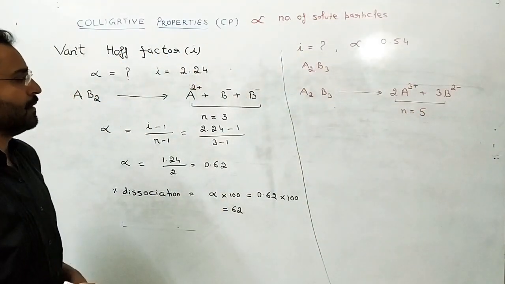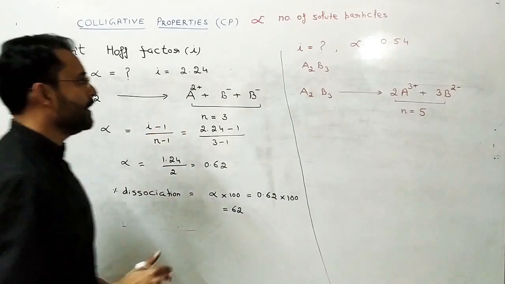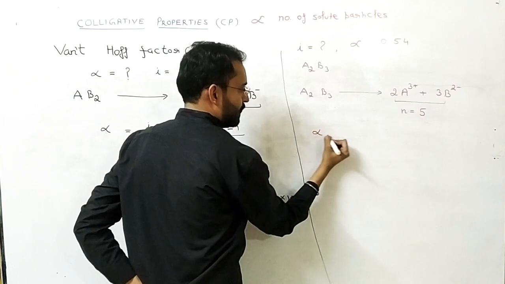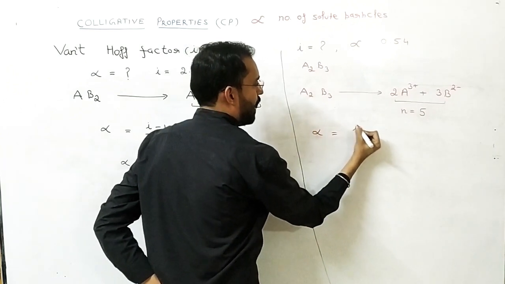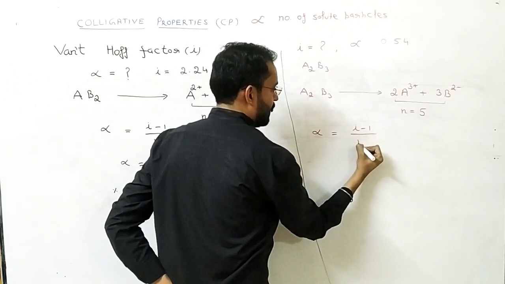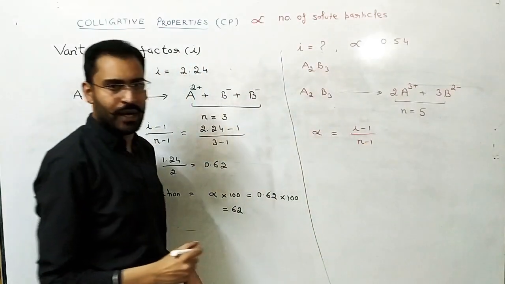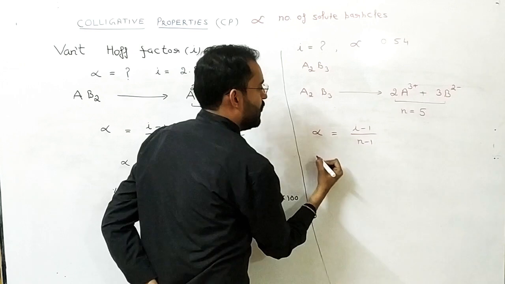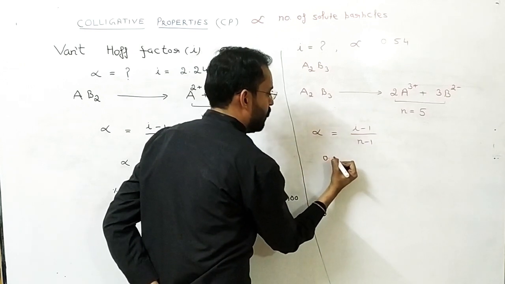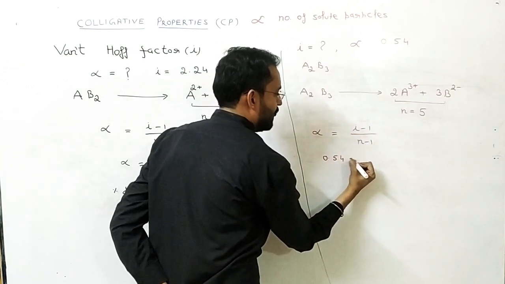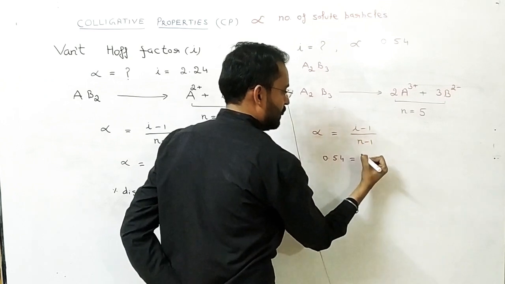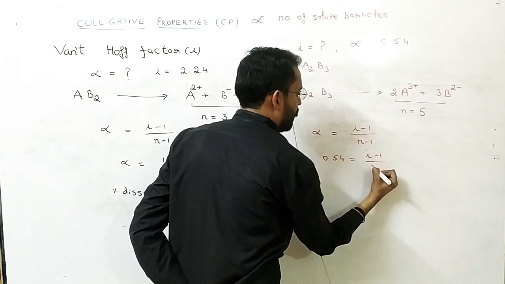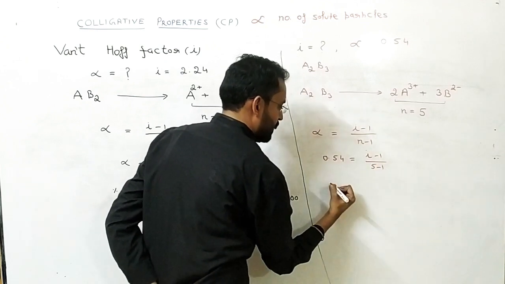We have n. Also alpha is given. So can we calculate i? Yes. Alpha is i minus 1 upon n minus 1. Put the value of alpha. Alpha is 0.54, equal to i minus 1 upon 5 minus 1.